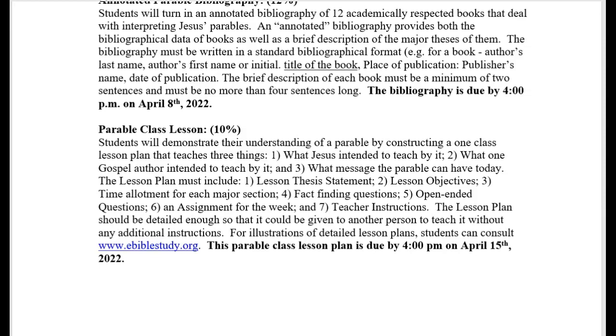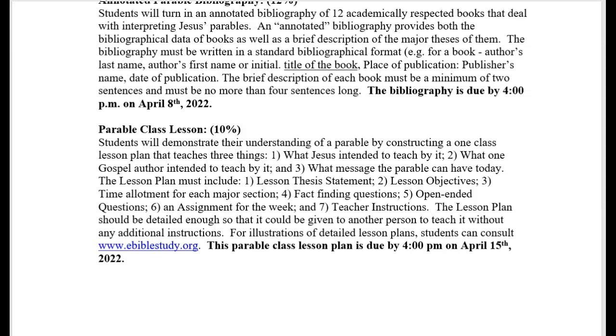But primarily what I'm going to look for in this lesson plan, and so basically I see it as maybe 1 full page, maybe 2 pages, you're going to describe what you think Jesus intended to teach by it, what his lesson was, what you think the gospel author, where that parable is found, so if it's found in Matthew, Mark, or Luke, how that author might also be intending.